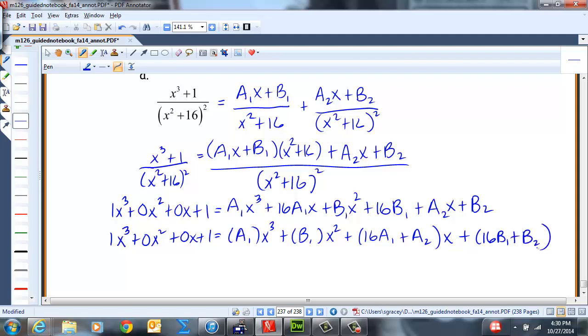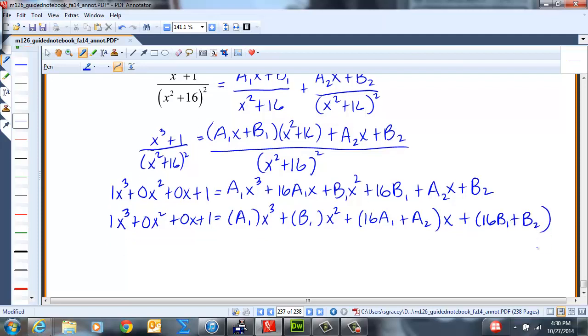All right, so let's see what we've got here. So now we have this was to our x squared term. This is to our x term. This is to our constant term. And oh, we're running out of colors.